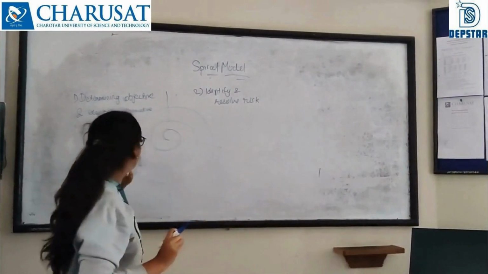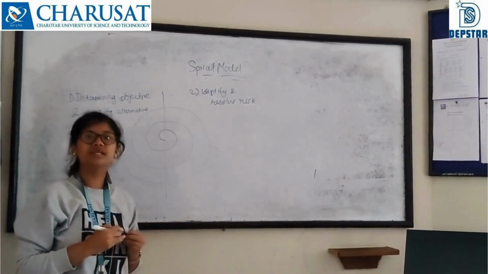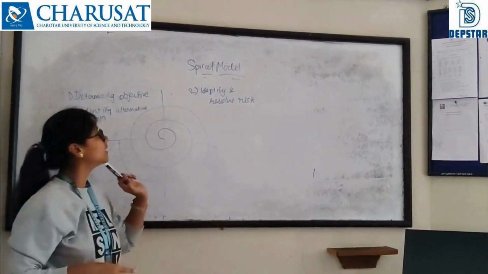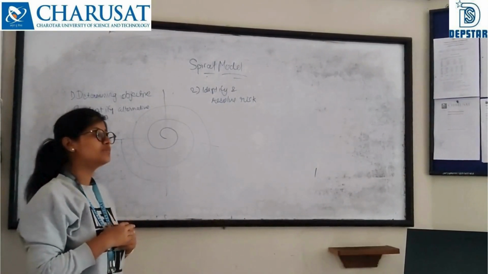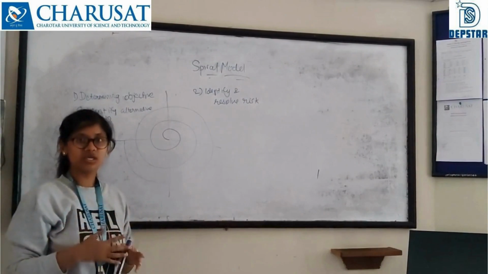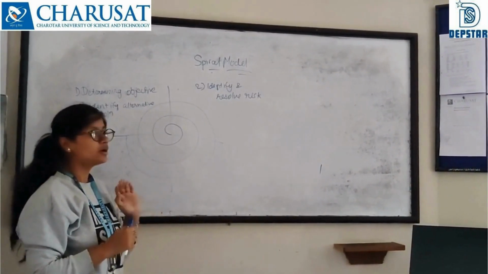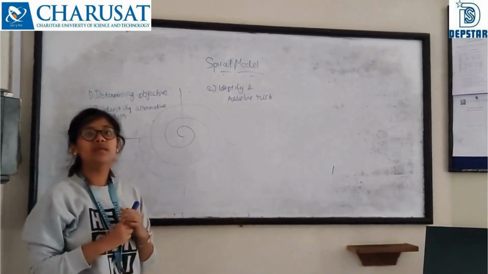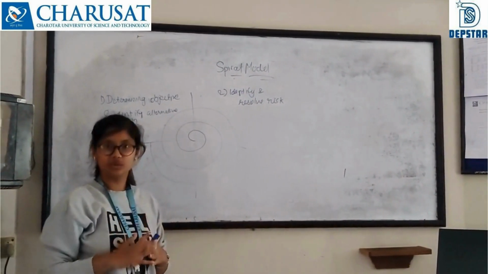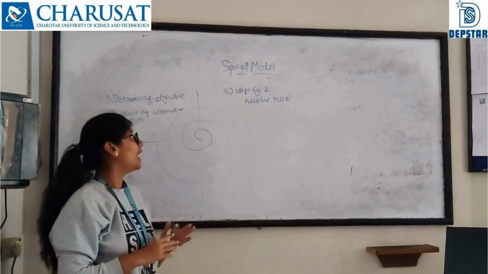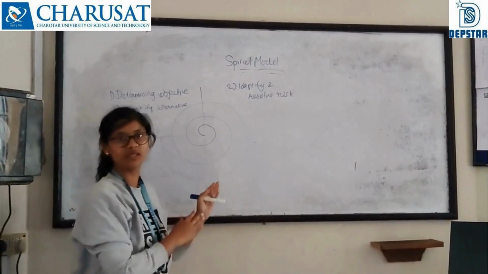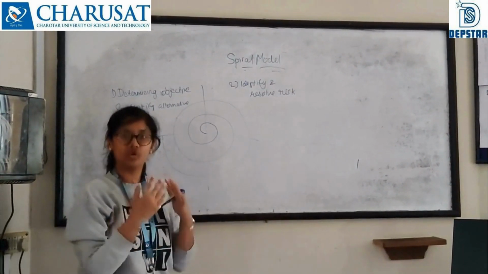So after discussing the various alternative solutions, they evaluate the cost and the risk in the solutions, they choose one of the best solutions for the software, and then after evaluating the risk, they build the prototype for it.